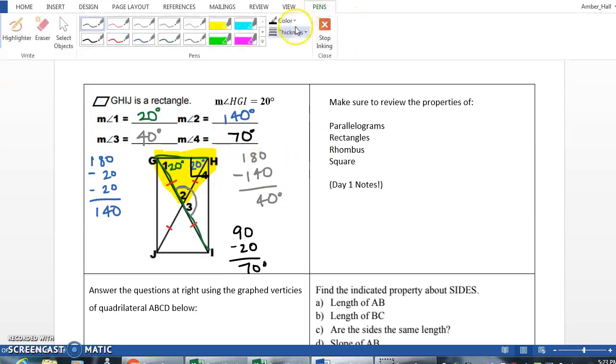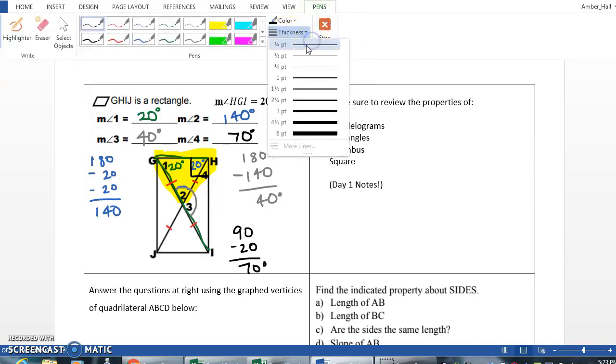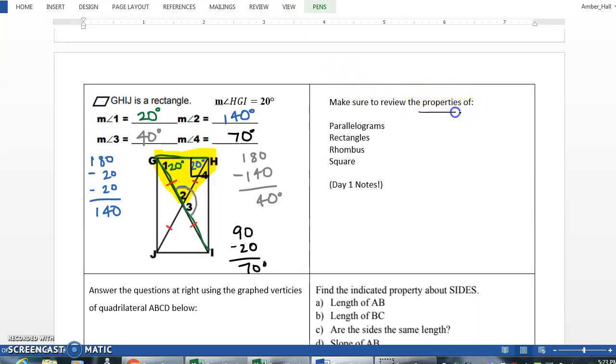Alright. One of the big pieces of this unit was knowing the properties of the 4 types of parallelograms. So first we're going to start with parallelograms, and it has 5 specific properties. The opposite sides are congruent. The opposite sides are also parallel.